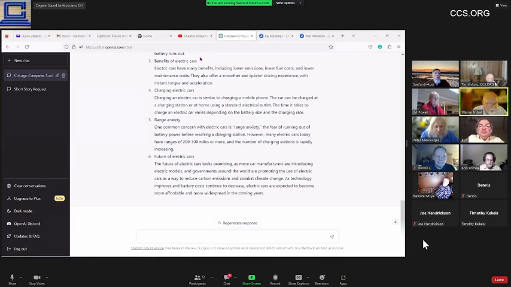You can see where it says upgrade to plus. So what does Plus do that this doesn't? Let's see what it says. Click on it there.